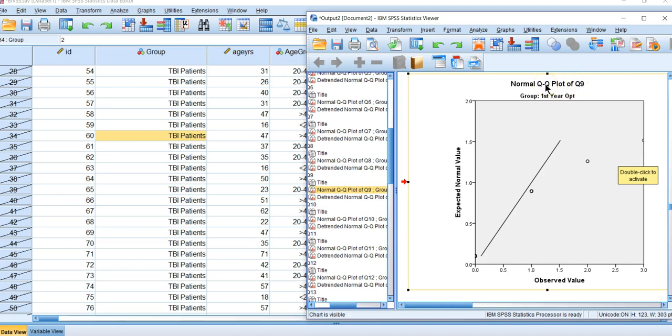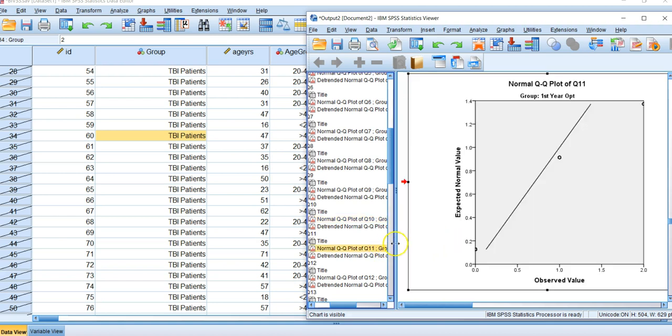So we need to be a little bit concerned that question number 9 is not linearly related to a normal distribution. So that's an issue. And in fact, I think we're going to find that the next few are not too good. That's question 10. And then we have 11, not the best. 12 is not too good.